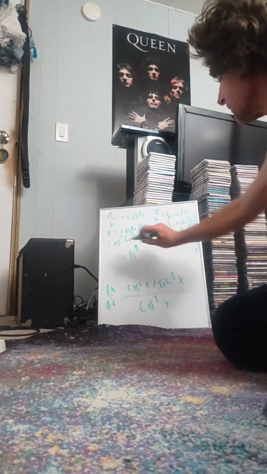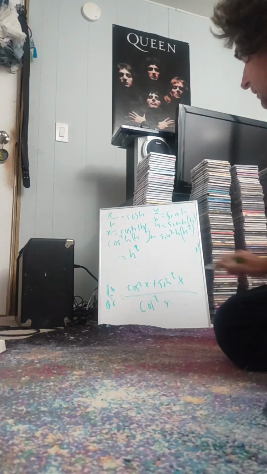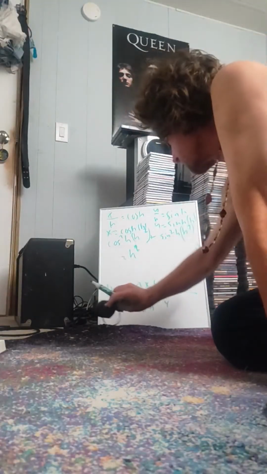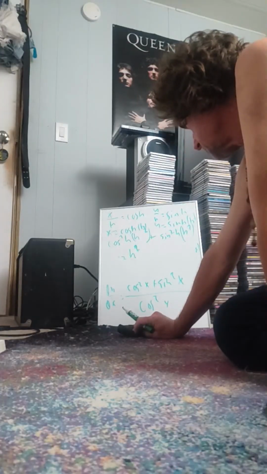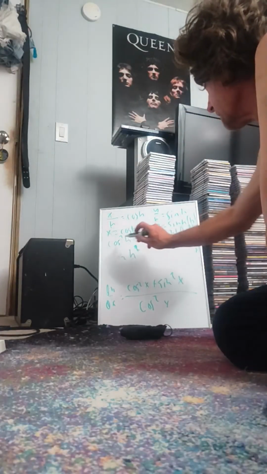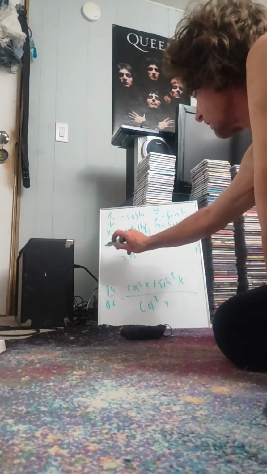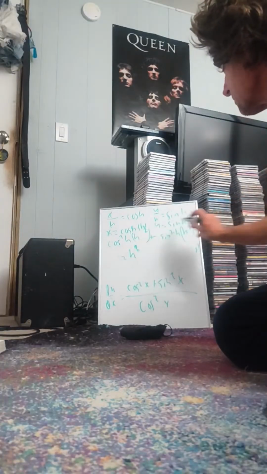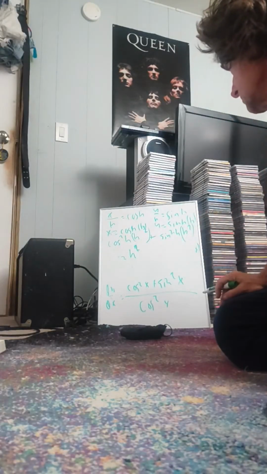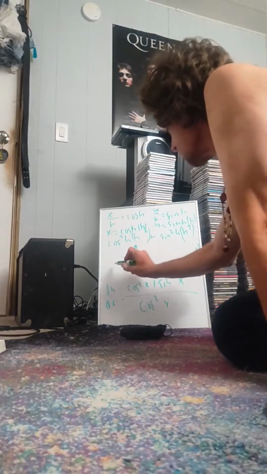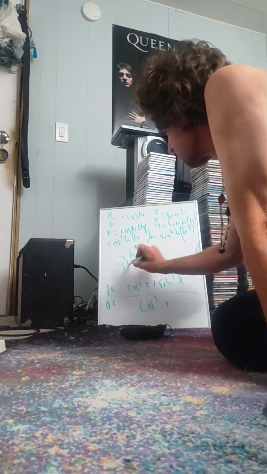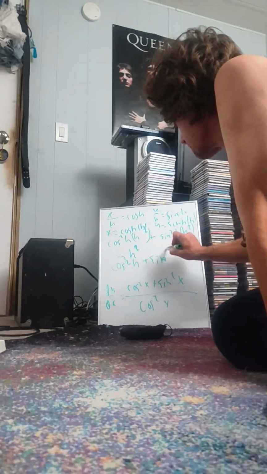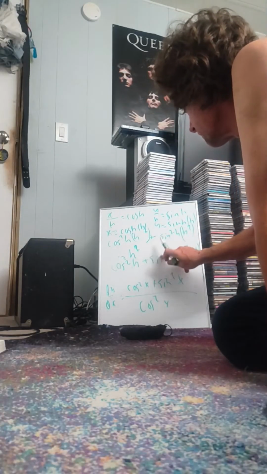We'll divide both sides by h squared, and the h's cancel out. I'm going to divide everything here: h squared divided by h squared, and this divided by h squared, the h squareds all cancel out. So you get cosine squared h plus sine squared h equals 1.